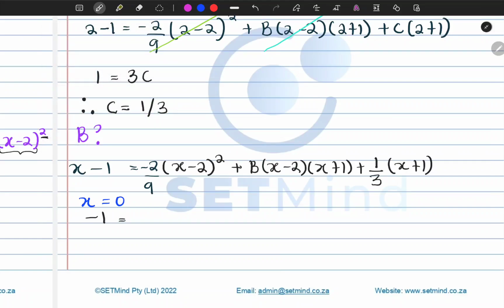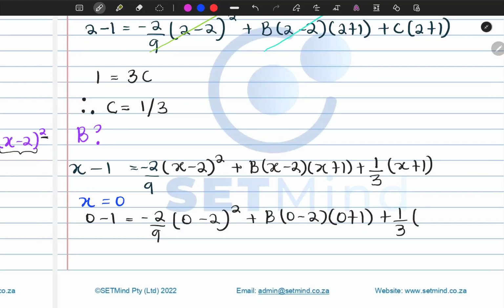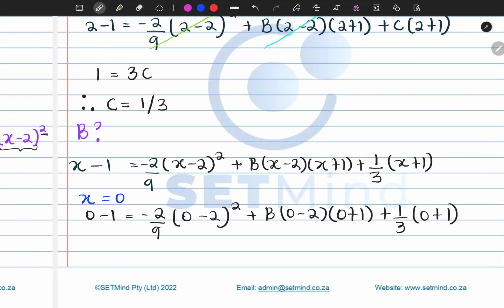So I'll have 0 minus 1 equals -2/9 into 0 minus 2 all squared plus b into 0 minus 2 multiplied by 0 plus 1, then plus 1 over 3 into 0 plus 1.